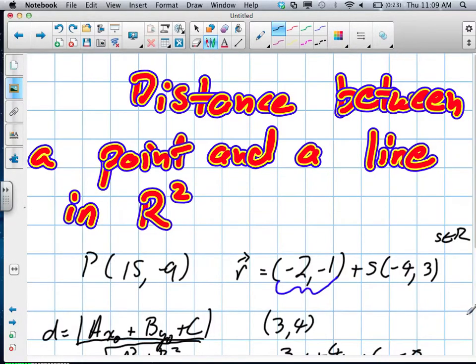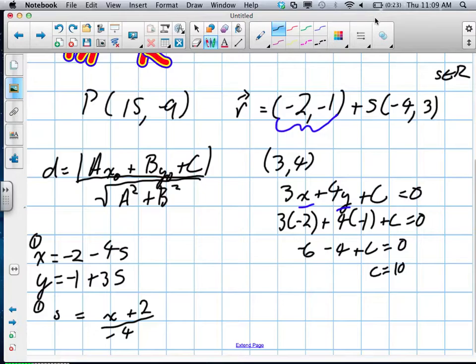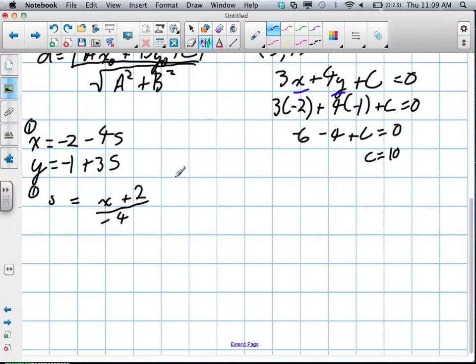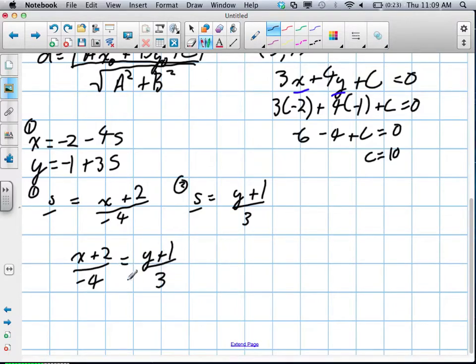And our second equation would read s is equal to y plus 1 divided by 3. We could then put those two together because we have a value of s for both. x plus 2 divided by -4 is equal to y plus 1 divided by 3.